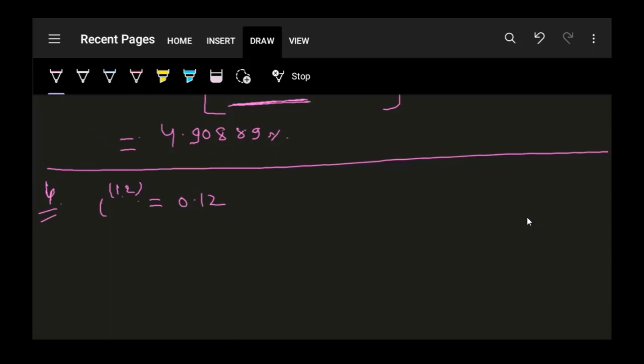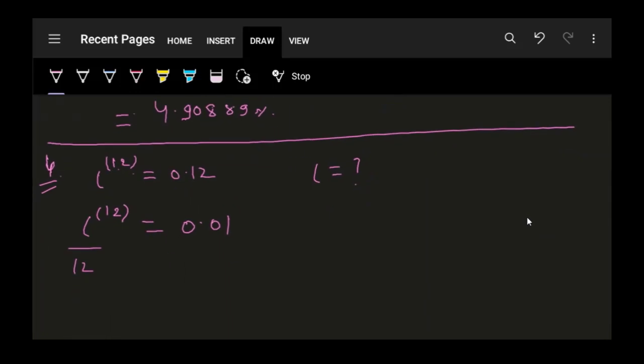And our motive is to calculate the effective rate I. First we'll calculate the effective rate for a month, which will be I12 upon 12. So it will be 0.01.